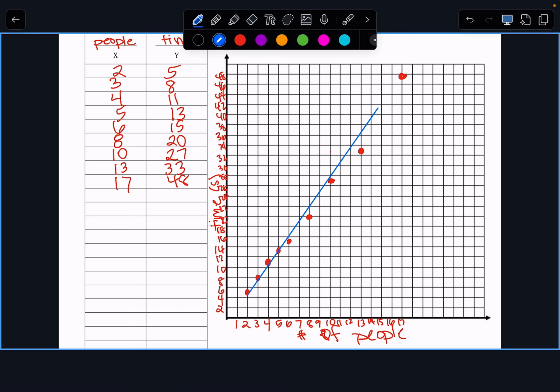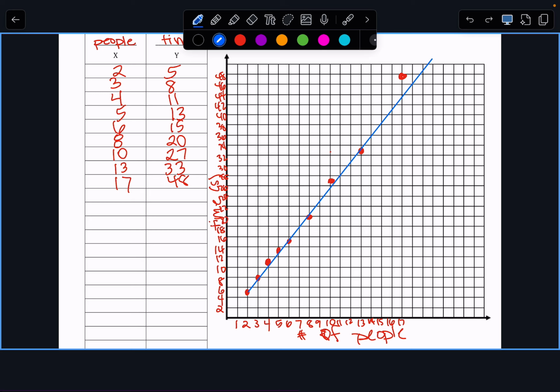Okay, so if I draw through the first and second one, then our line would look like this. Do you think that we have the same number of points above as we do below? Well, okay. What if I picked this one?